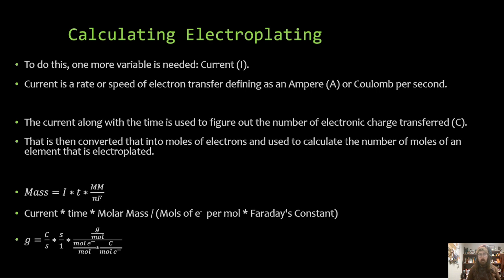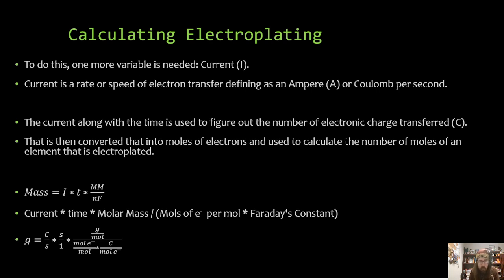So if we take a current times a time, that's going to say how many coulombs could be plated in this time. By using N and F, we can figure out essentially how many moles of product can be plated using that many electrons.